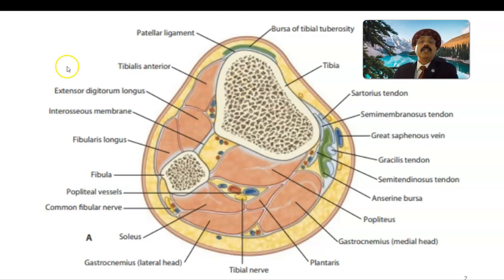So if there is any type of damage, fracture, or overuse, there may be a collection of fluid, there will be edema that will compress these structures. That will cause the muscle to become necrosed. Eventually they will go through ischemic changes, the nerve supply will be disturbed, and there will be damage to the muscles.